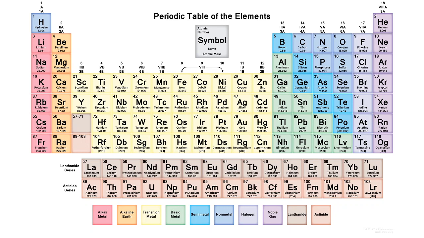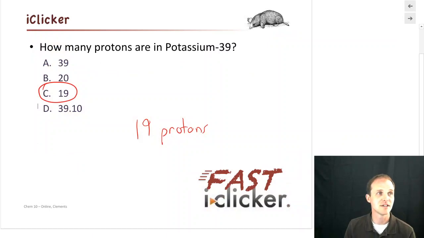And, oh wait, that's what the question asked for. So we just get that straight off the periodic table. That K has a 19 on it, and so we get 19 protons, and that is our answer to that question. It might have tricked you because we were doing neutron, neutron, neutron, then we did proton. That was kind of the point. You just have to pay attention to the question, and we're finding the number of protons there.